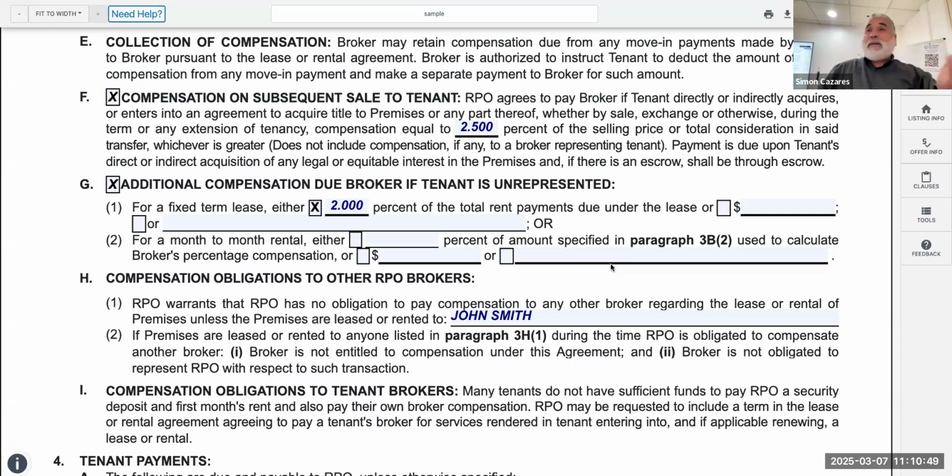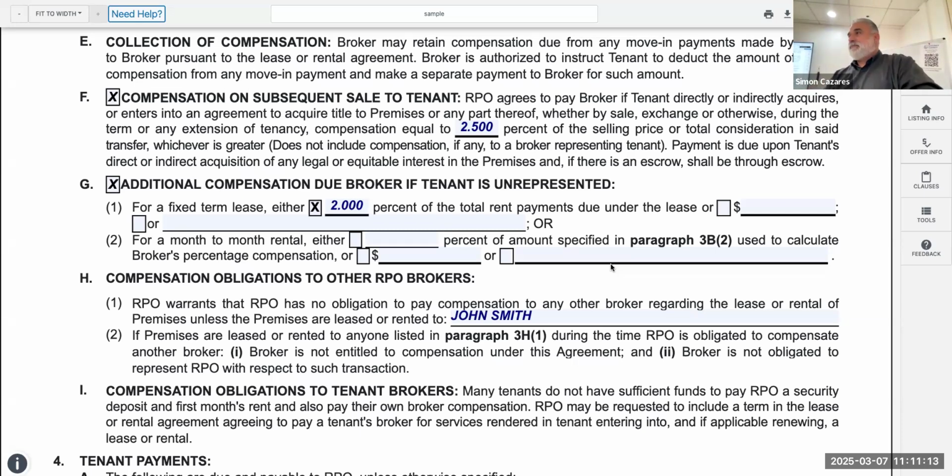It may be on the MLS, maybe not, because it may be where they put it on the market just in case the tenant doesn't want to buy the place, or they put it active under contract, because the tenant is buying the place, but they also want to make sure that if the tenant doesn't perform, they have the ability to market it to other potential buyers. Then you're entitled to compensation.